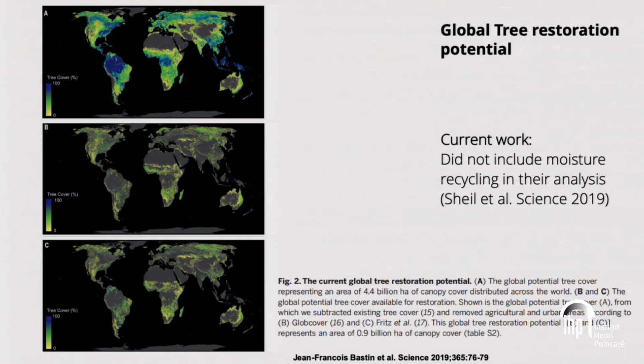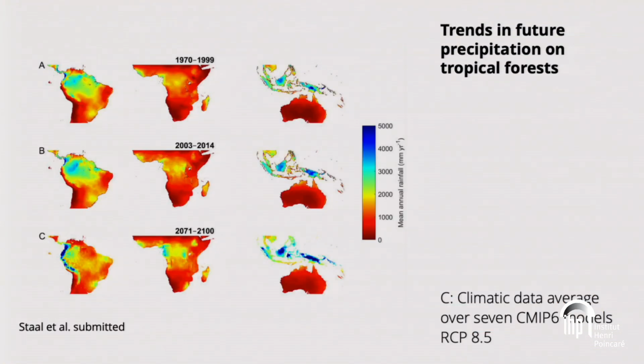So one of the things we currently try to understand is the potential of forested systems. We now look at all the tropical forests: the Amazon, the Congo Basin, and Indonesia, Southwest Asia.